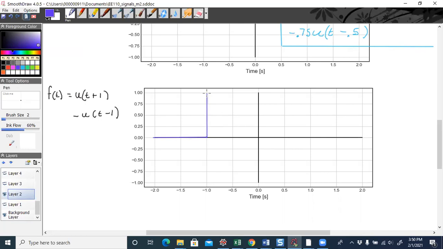Goes up to 1. And it goes on forever. Likewise, where's the discontinuity on this one, the positive side or the negative side? Positive. Positive, right.